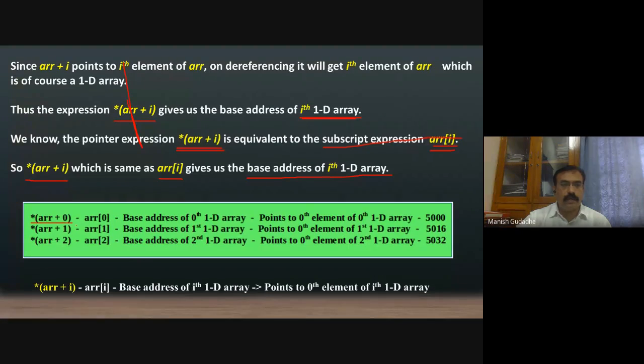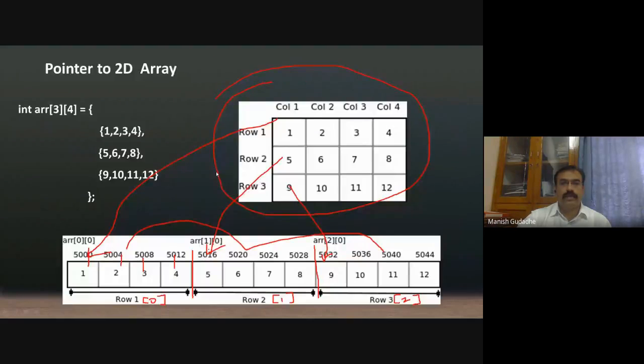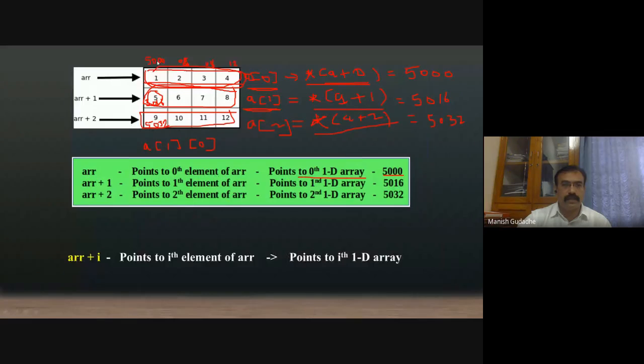Pointer to ARR plus 0 is ultimately A of 0. A of 0 means the base address of the 0th 1D array. Also, it is the base address of the 0th element of the 0th 1D array. Yes, this one. 5000 is the starting address of the 2D array, which has 3 rows.